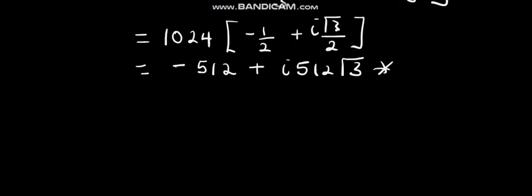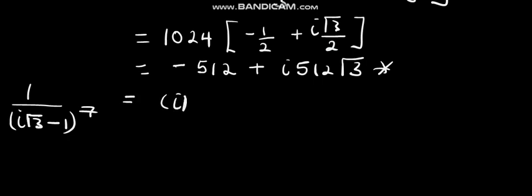Part (ii), they want us to express 1 out of (i√3 − 1) power 7. From indices, that one can be written as (i√3 − 1) power negative 7.